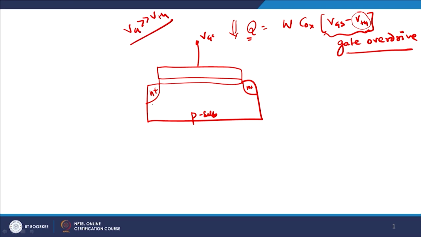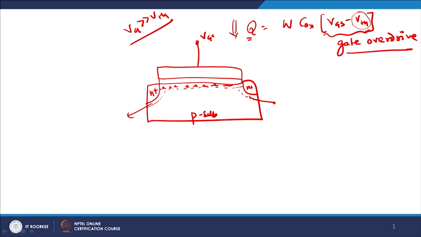So, as I told you, charge carriers will come here. You have a large number of free electrons available here, and there will be a depletion thickness here, and also a depletion region here. Fine, we have discussed this point earlier also, that there will be a depletion region here and here.